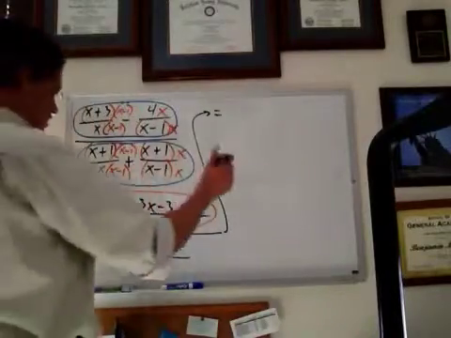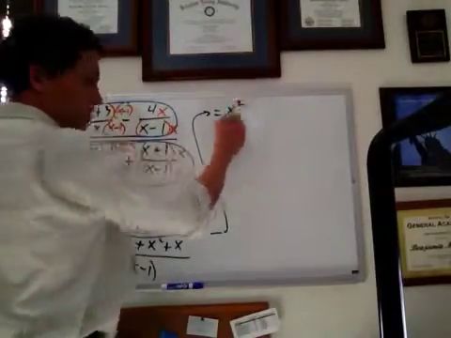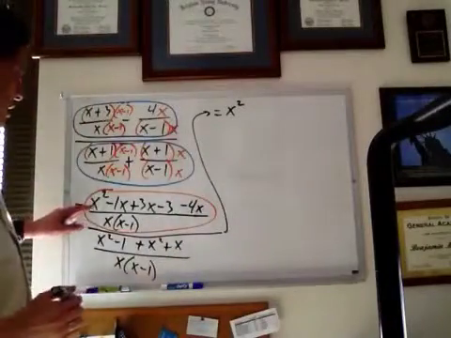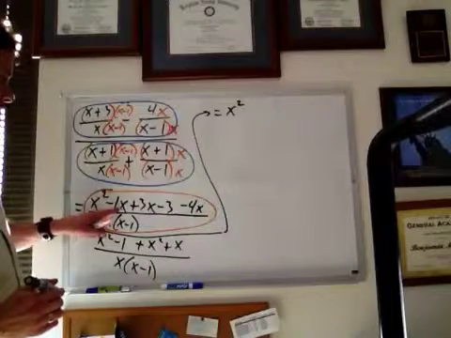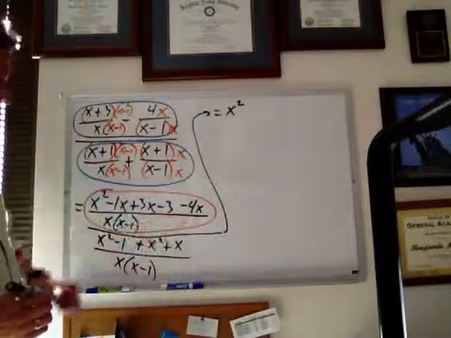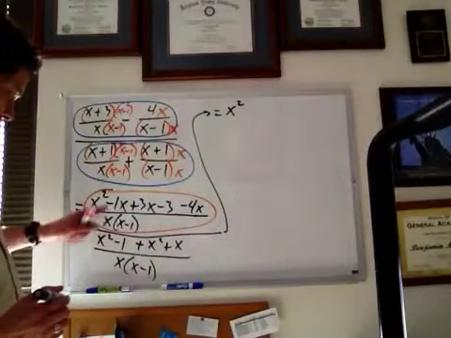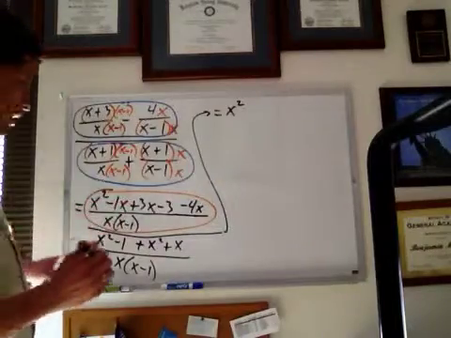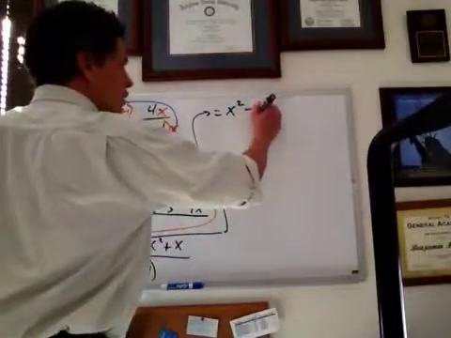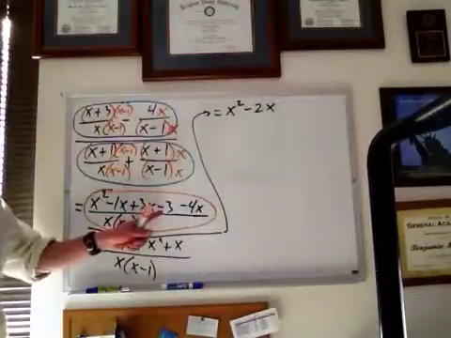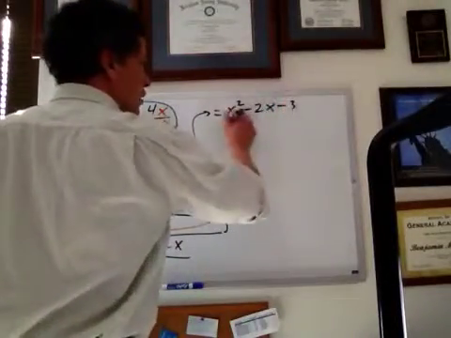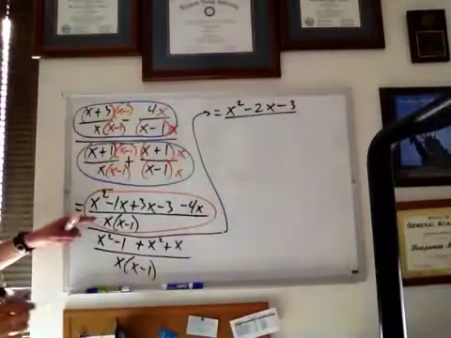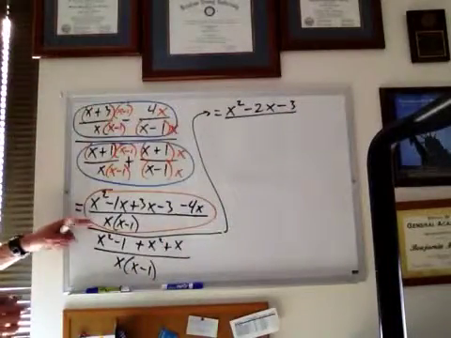When I do that, I'm going to have my x squared, and then I'm going to have my negative 1x plus 3x minus 4x. Let's see, what is that? That's going to be negative 2x. And then I have my minus 3 there as well. And that's all going to be over x times x minus 1.